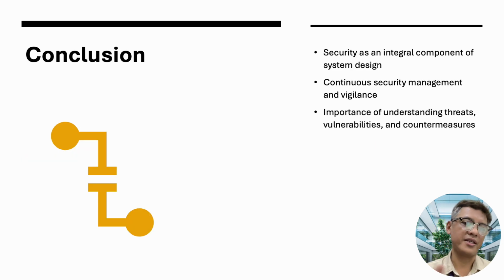As we conclude this comprehensive overview, let's reflect on the critical lessons we've discussed today. Computer security is a complex but vital discipline, integrating technology, human behavior, and continual vigilance.